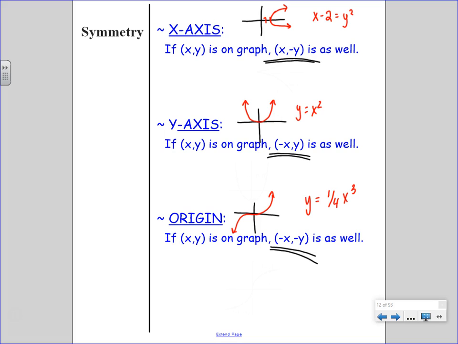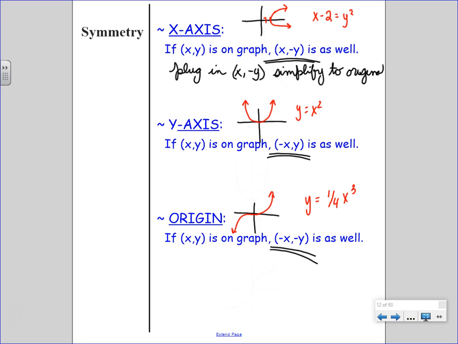You are going to plug in the point (x, negative y). And when you plug in, for the x-axis symmetry, when you plug in (x, negative y), it should simplify to the original.